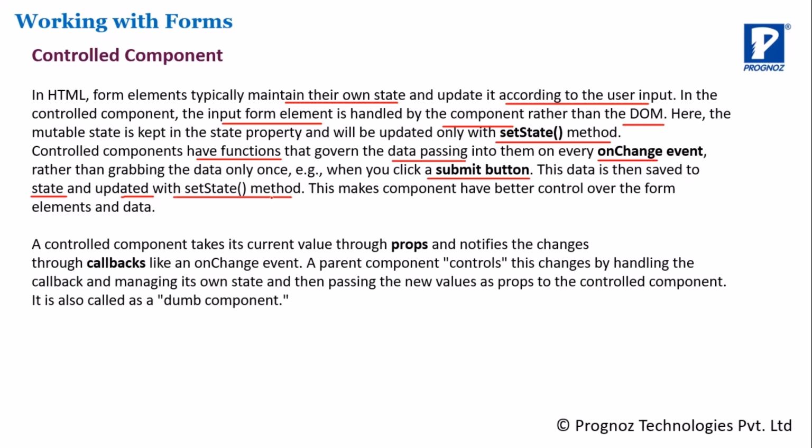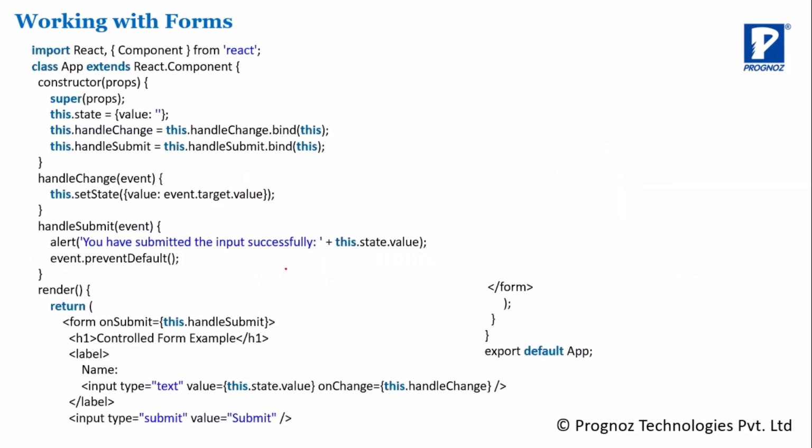The data is going to change through the setState method, and this makes it better than an uncontrolled component. A controlled component takes the current value through props. Through the properties we can pass it, and we can use the callback concept and the onChange event also. So how to implement the controlled component, that we have to see.